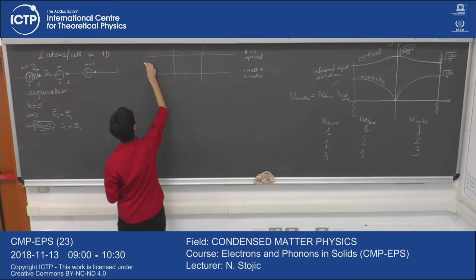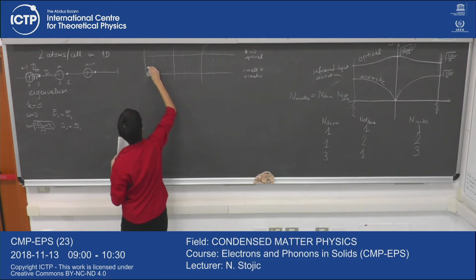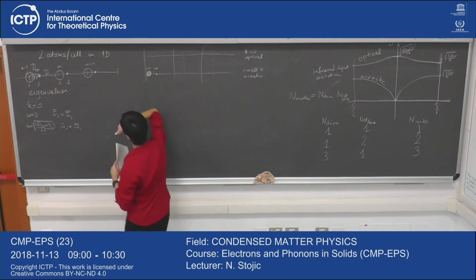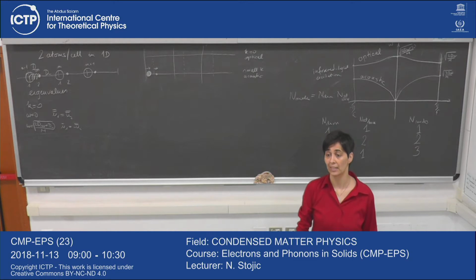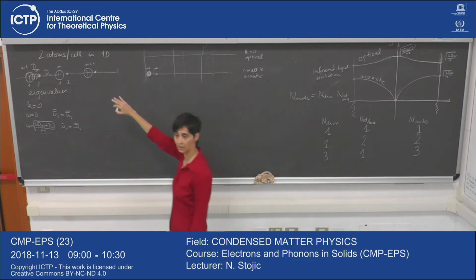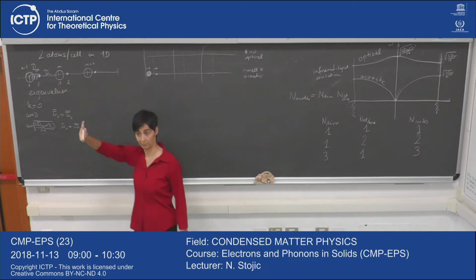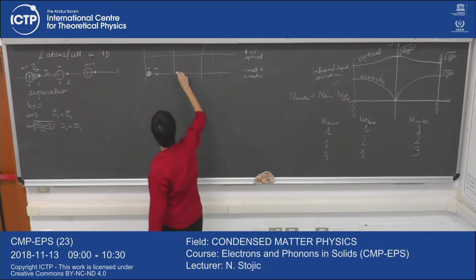You will have atoms moving in phase, the big one and small one. What I'm completely disregarding here is that displacement actually does depend on the mass. Here we have equal mass and they have the same displacement, so we are happy for the time being.